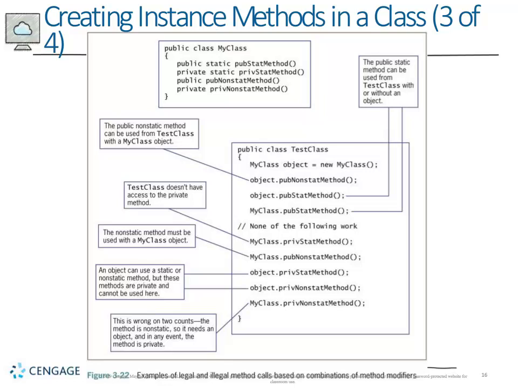Object dot public non-static method is valid because it's a public method and a non-static method, and a non-static method must belong to an object. The second call, object dot public static method, is also valid. The public static method can be used either from the object or from the class.